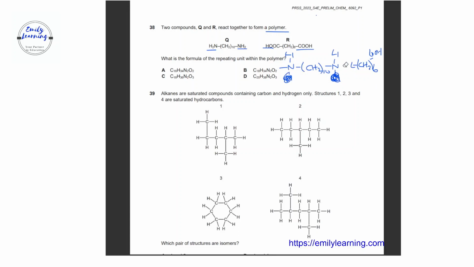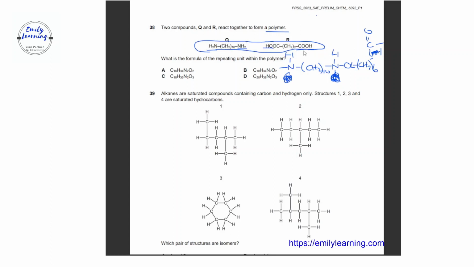Then the carboxylic acid part will lose its OH. So it becomes CO. Then it becomes CO this way. So they are asking for the formula, right? So if I were to look at the formula and they just lump everything together, it's basically add these two things up. Then minus H2O and minus another H2O.